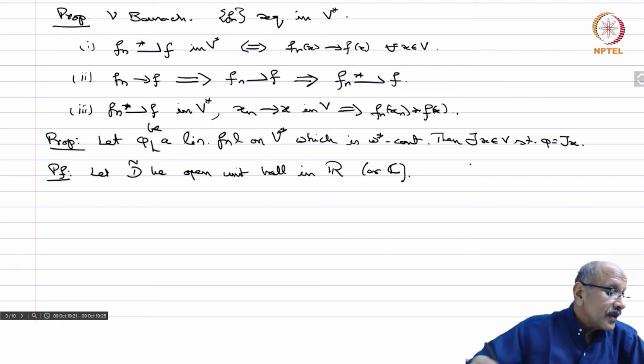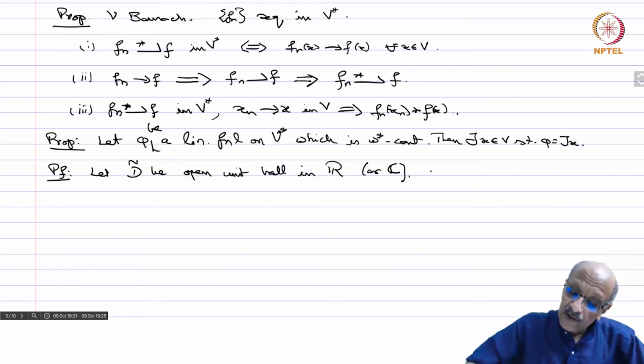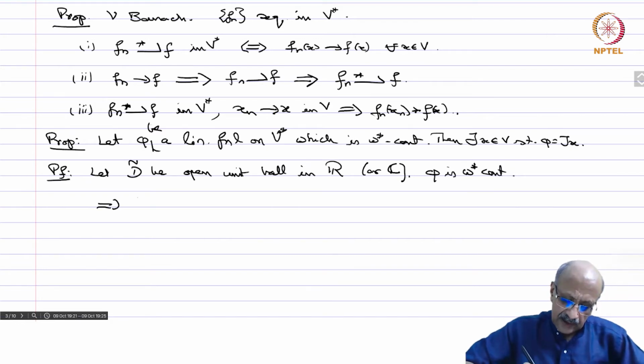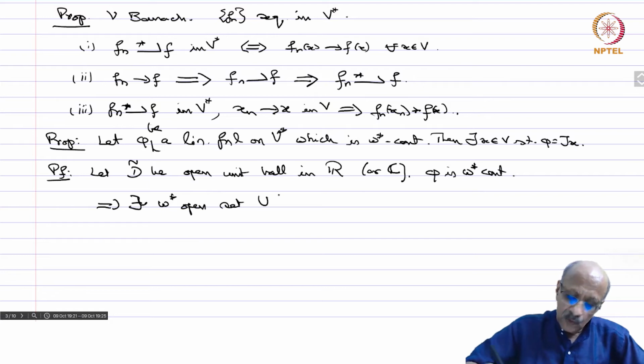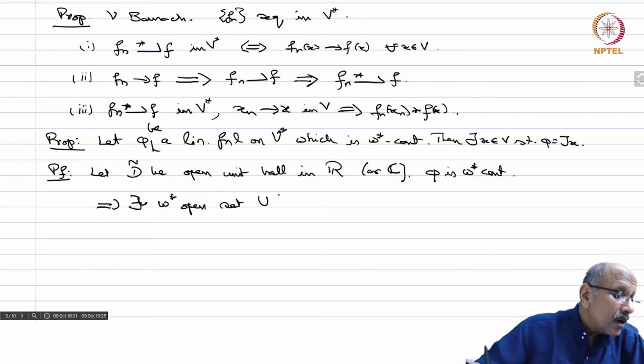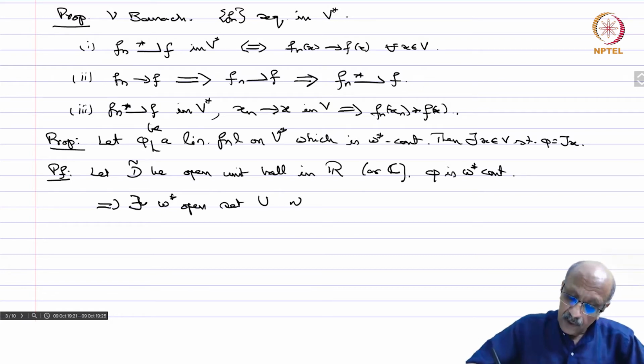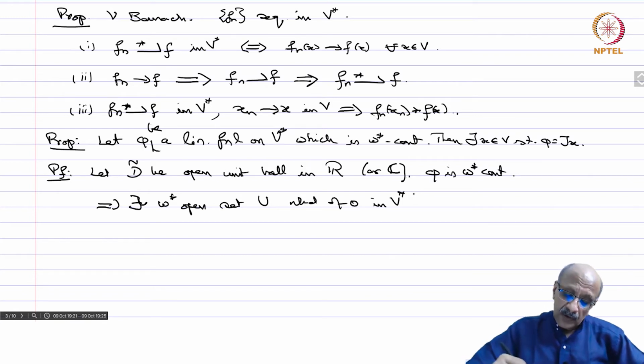So phi is weak star continuous, which implies there exists a weak star open set U, a neighborhood of 0 in V star, because phi of 0 is 0, so it belongs to d tilde.